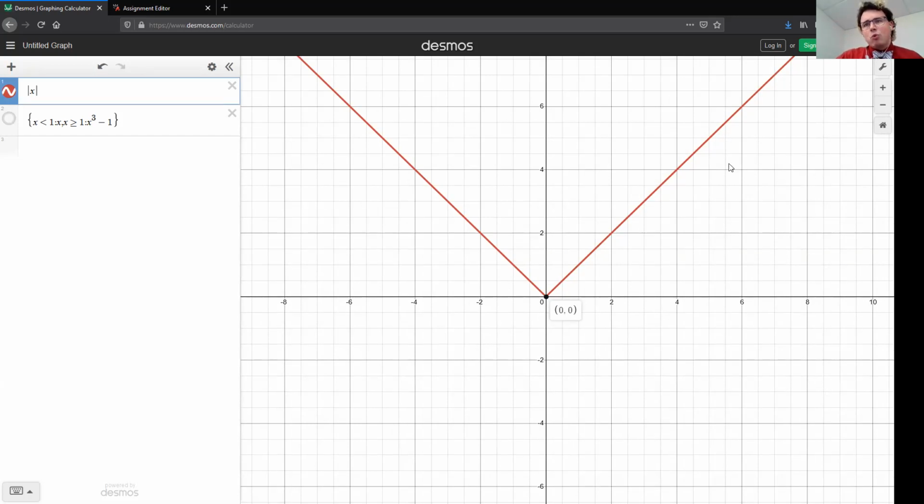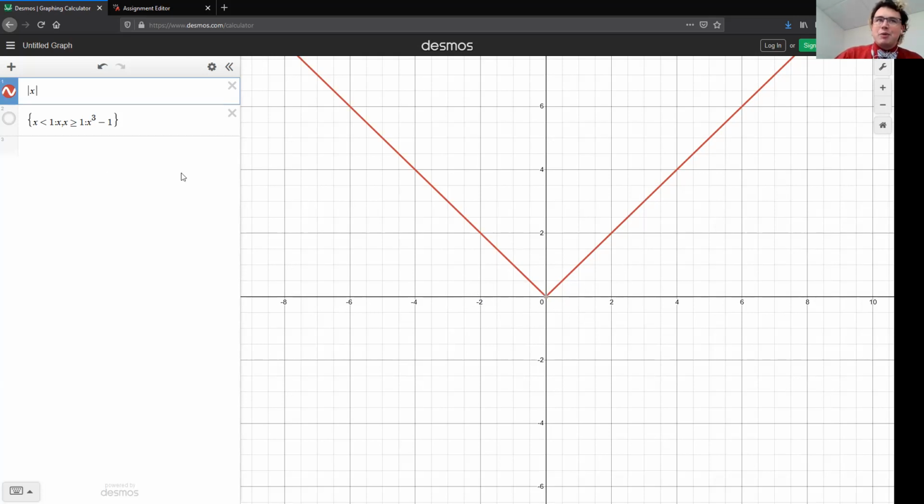The only question is what happens where the two branches meet, right here at 0. If I come in from the left, I go to 0. If I come in from the right, I go to 0. That tells me that the limit as x approaches 0 is 0. That matches exactly with the formula for the absolute value function. So the absolute value function is continuous everywhere in its domain, or I'll just say it's continuous.